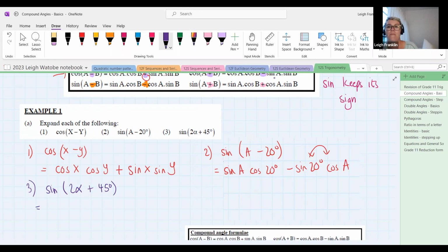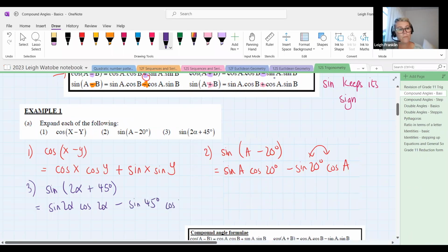Ma'am, for number 3, it is sine 2a cos 2a minus sine 45 cos 2a. Okay. All right.